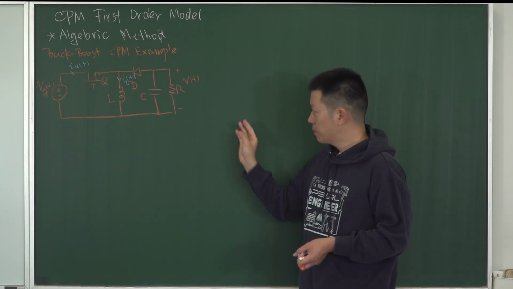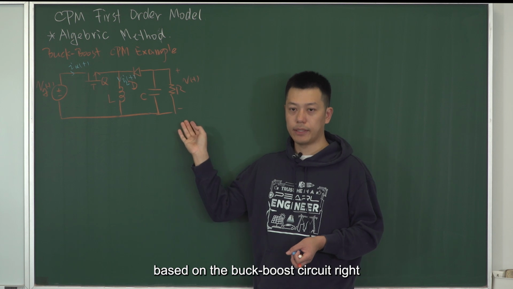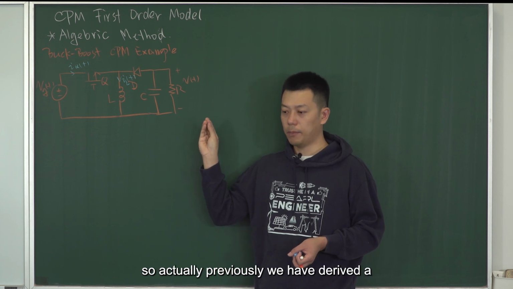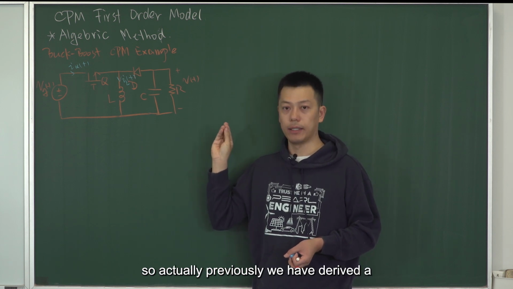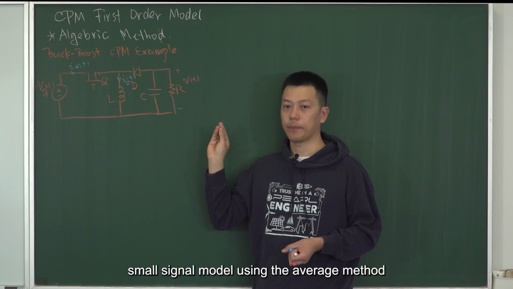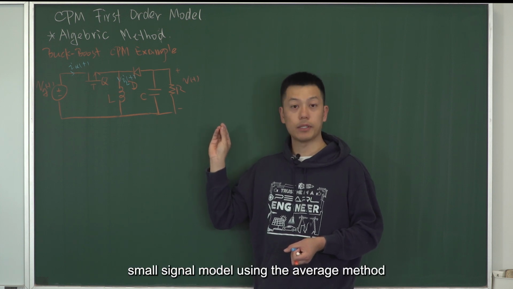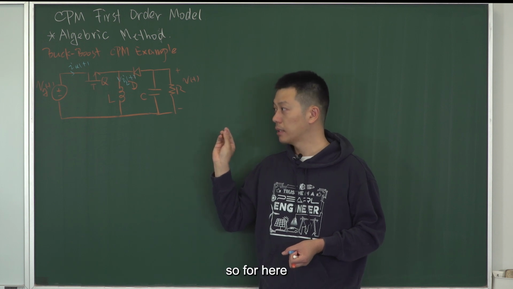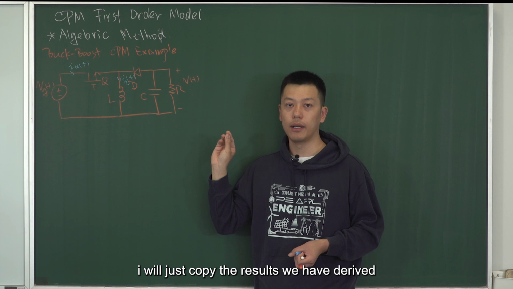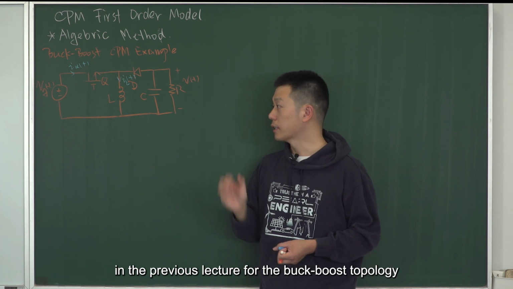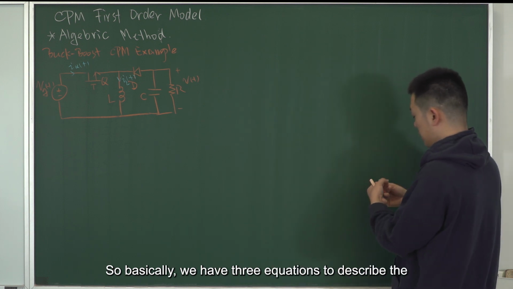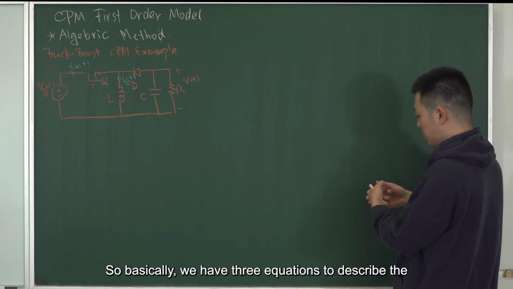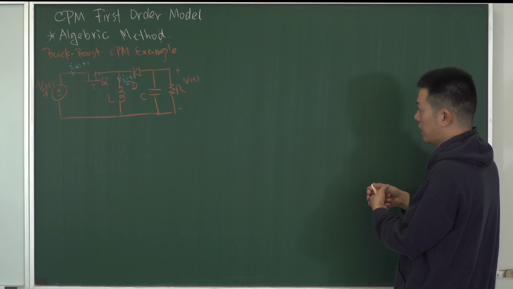So based on the buck boost circuit, previously we have derived its small signal model using the average method. Here, I will just copy the results we have derived in the previous lecture for the buck boost topology. Basically, we have three equations to describe the small signal model.